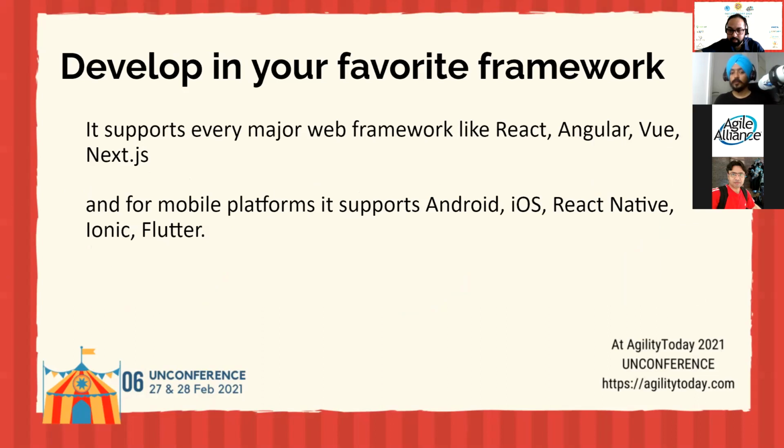So when it comes to develop, when you develop the front end, it gives you all of the front end frameworks. It supports every major web framework like React, Angular, Vue, Next.js. And for mobile platforms, it supports Android, iOS, React Native, Ionic, and Flutter, which is almost all of the frameworks we know.